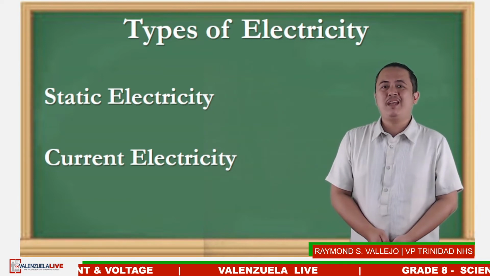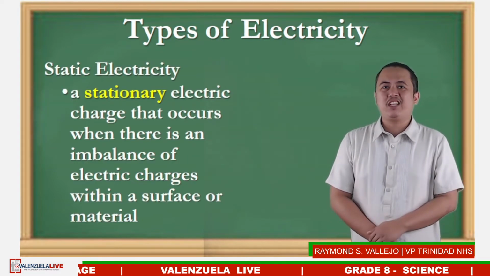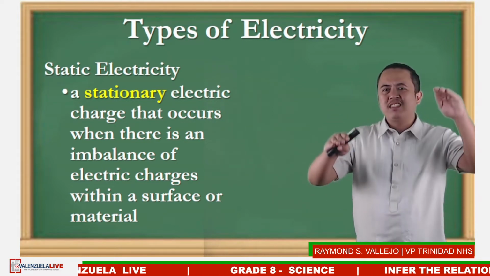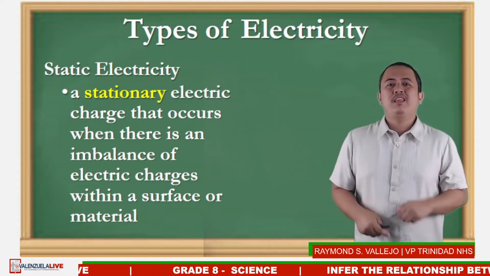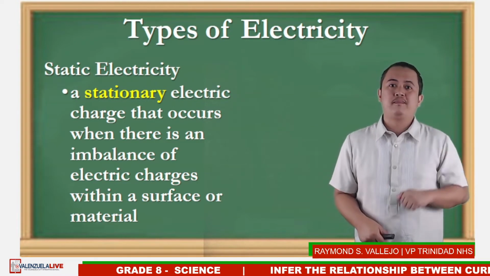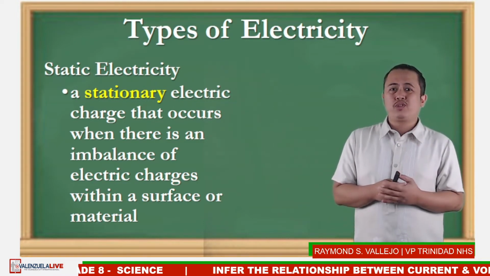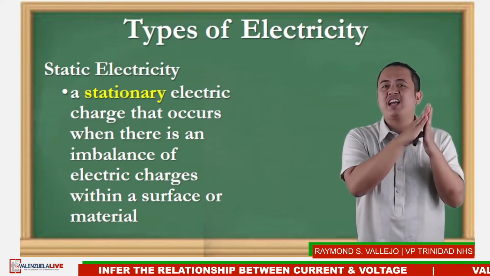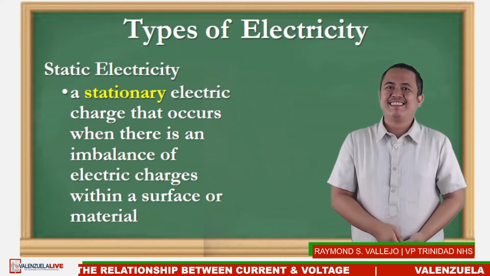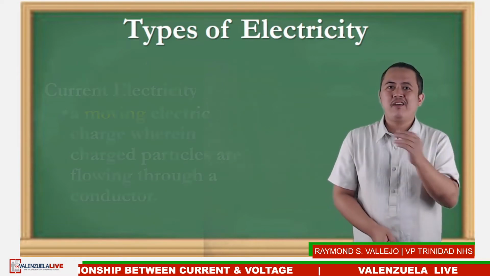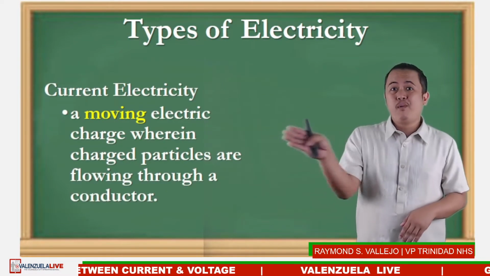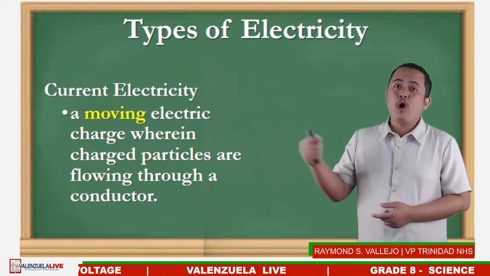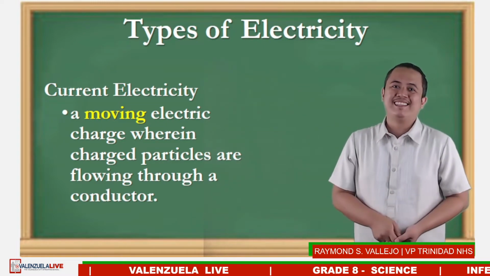Static electricity is a stationary electric charge that occurs when there is an imbalance of electric charges within a surface of a material. This is typically produced by friction or rubbing two objects together. On the other hand, current electricity is a moving electric charge wherein charged particles are flowing through a conductor.